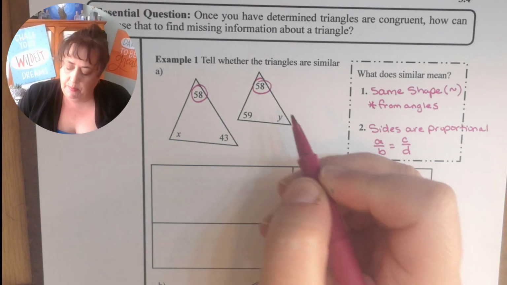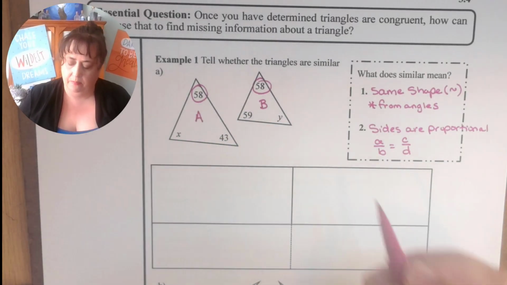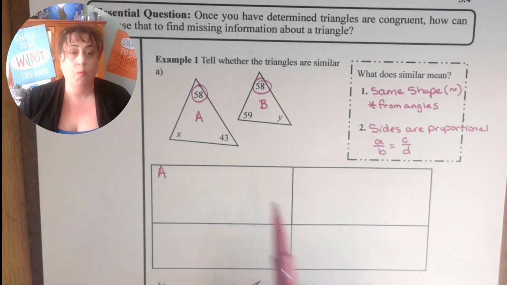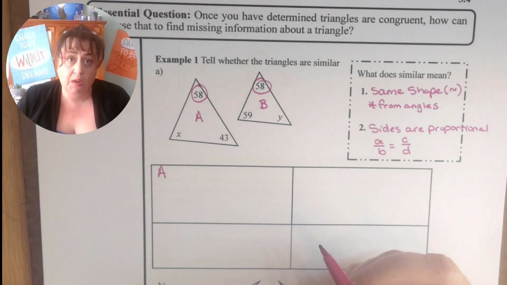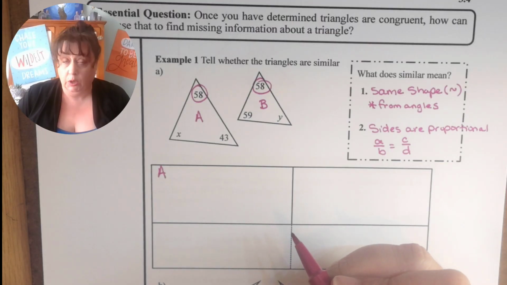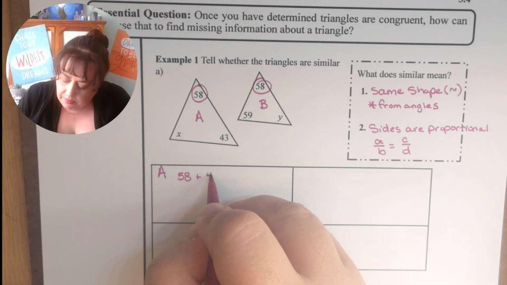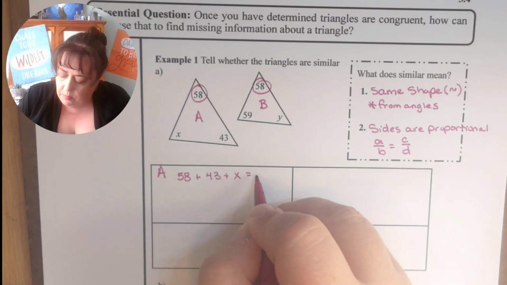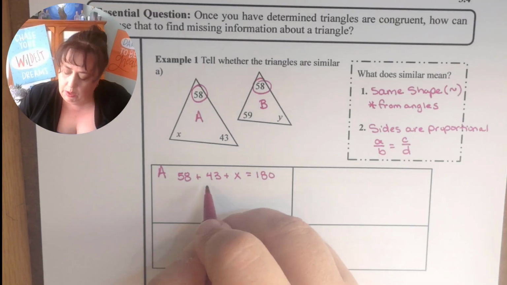So let's label this triangle A, and let's label this one triangle B. In triangle A, we're going to go find the value for X. We know that the sum of the angles of a triangle is 180 degrees. So 58 plus 43 plus X needs to be 180 degrees. 58 and 43 is 101.